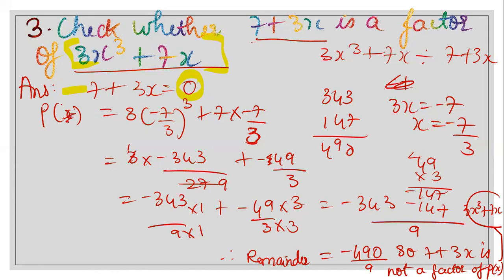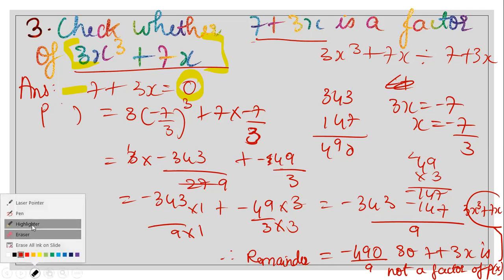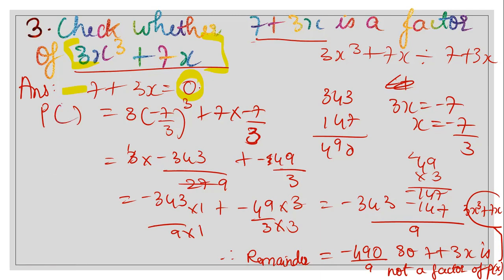Anyways, don't mind. I will just quickly correct it now. P of x is equal to 3x cube plus 7x. This is a mandatory step. We need to write it.